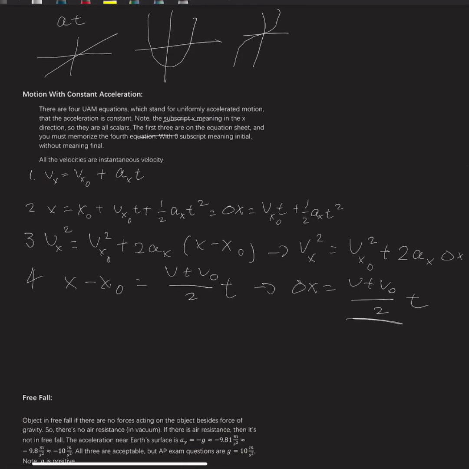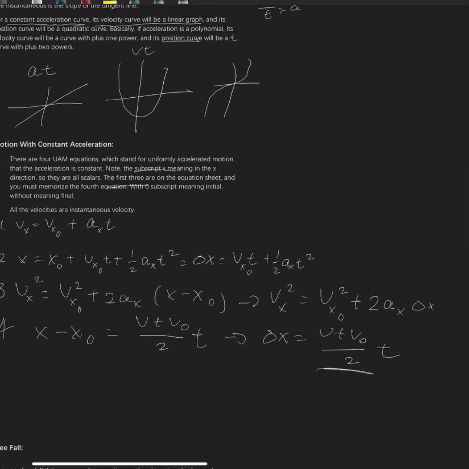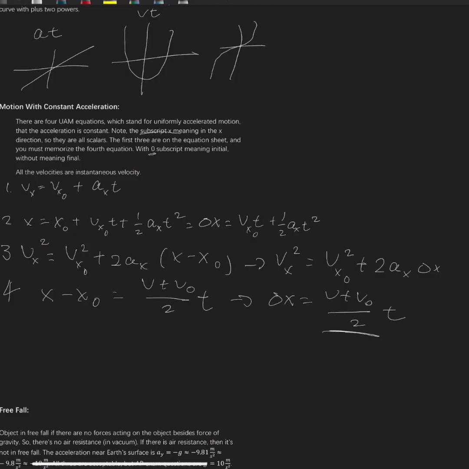This is very useful sometimes when you cannot figure out how to solve using the first three equations. And the first three are on the equation sheet, and the fourth one you need to memorize. The zero subscript means the initial, and without any subscript, it means final.